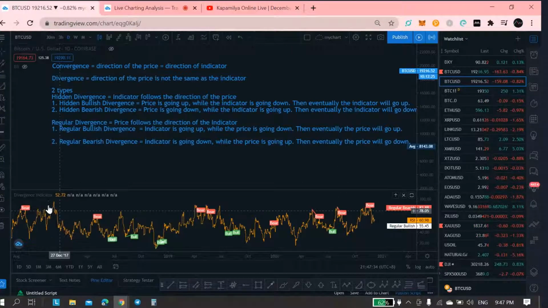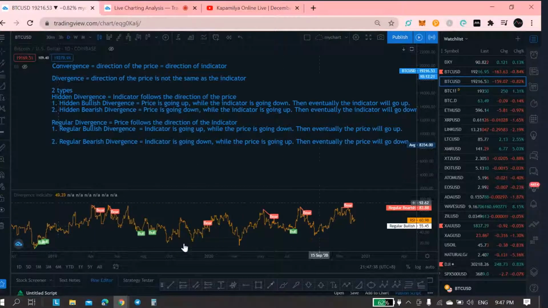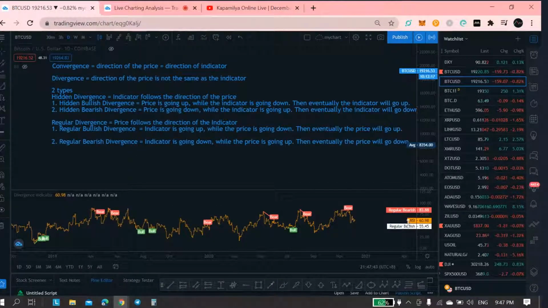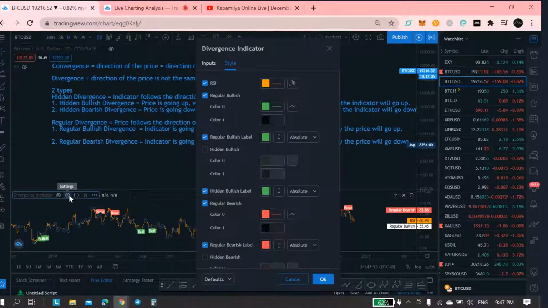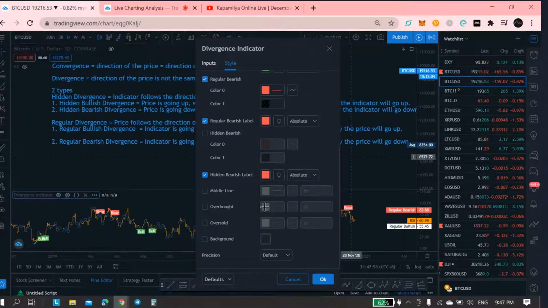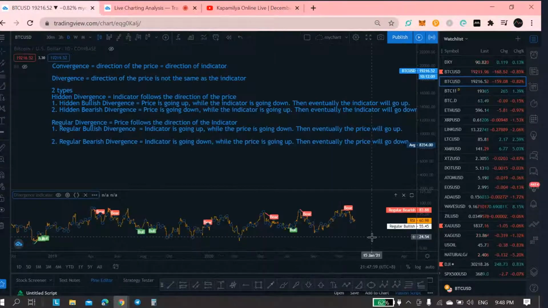Here in the divergence indicator, this is how I use it. First, since it's using the RSI, we can spot the overbought and oversold territory. Normally I use 80 as overbought and 20 as oversold.